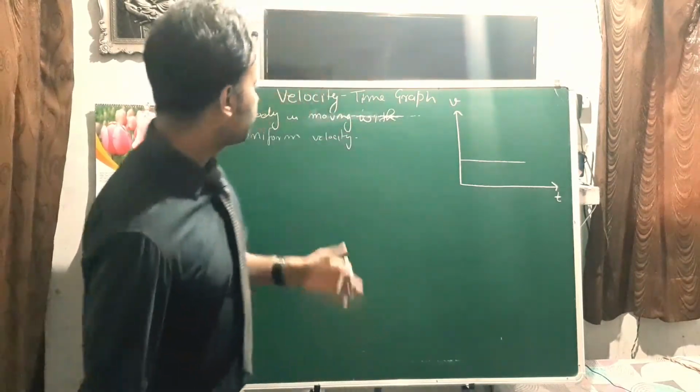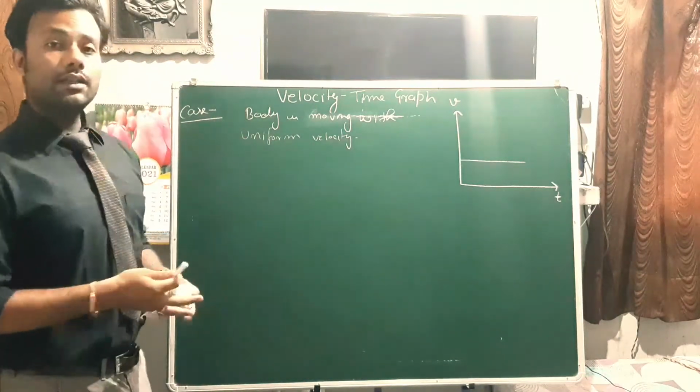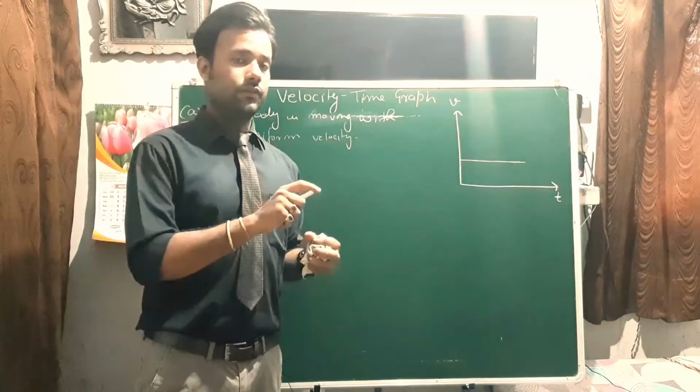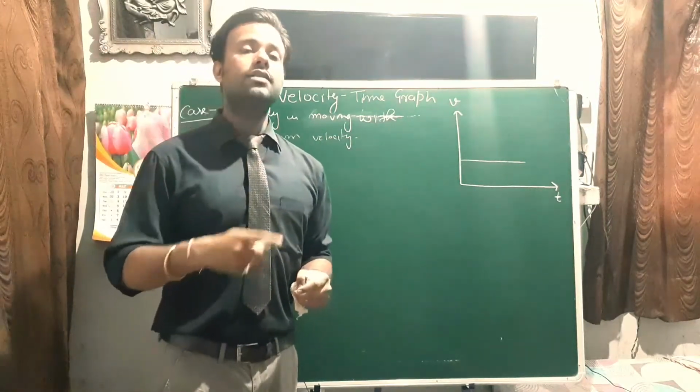So let's do the third case. In the third case, we can say that it can be divided into two parts. First, when the body is accelerating, and second, when the body is retarding.